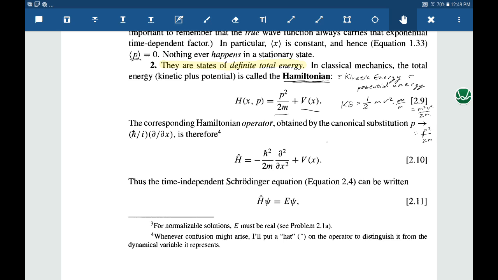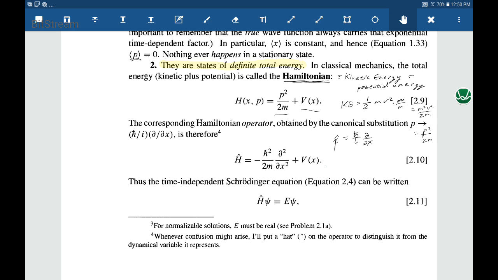As we found in chapter 1, we want to start thinking of our momentum not as mass times velocity, but rather as h bar over i times the derivative with respect to x. So if I take h bar over i and then the derivative with respect to x, that's my momentum.